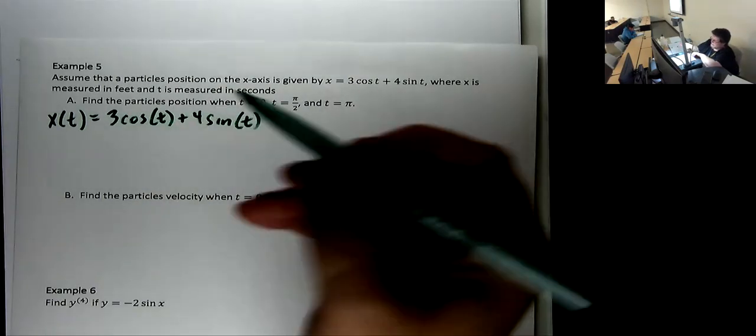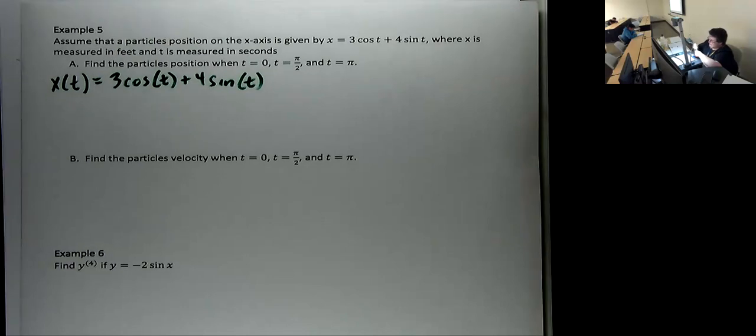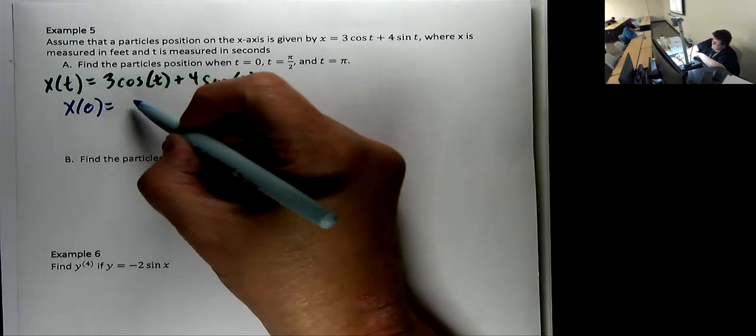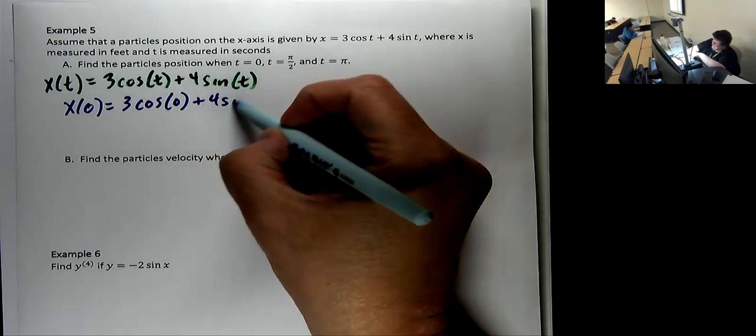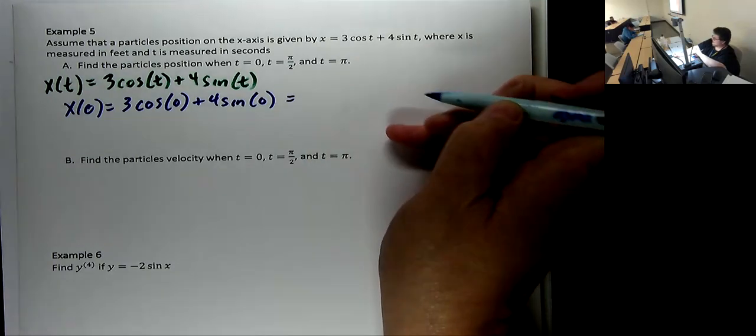So we want to find the position. That is the position function. So for part A, we're just plugging in the t's. x of 0 is 3 cosine 0 plus 4 sine 0. What's cosine 0?